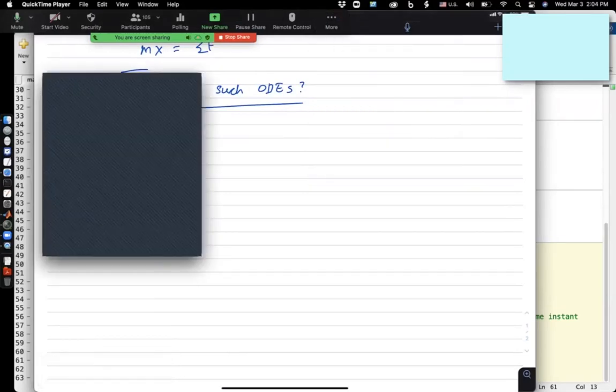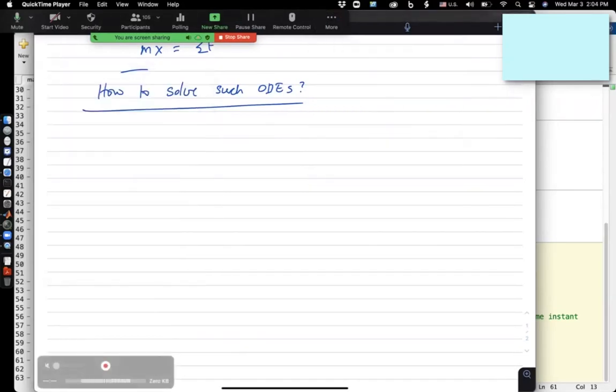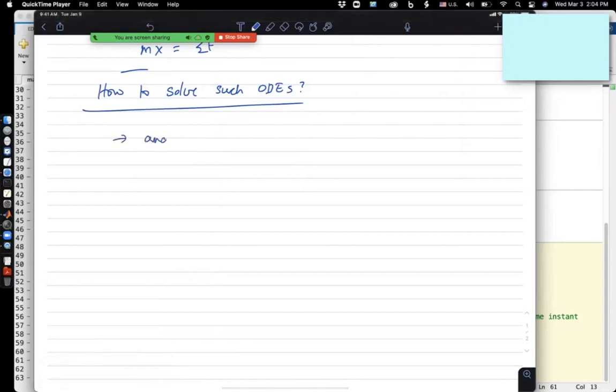Okay, so the simplest method, of course, you do analytical methods, which you learn in your various ODE classes. These are sometimes called closed form solutions, by which we mean basically pencil and paper, analytical solutions.